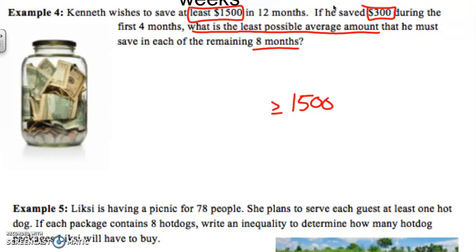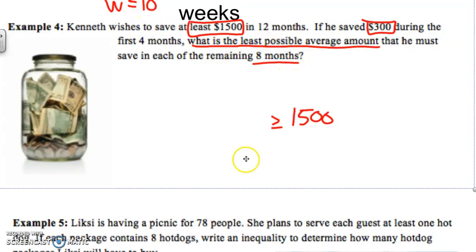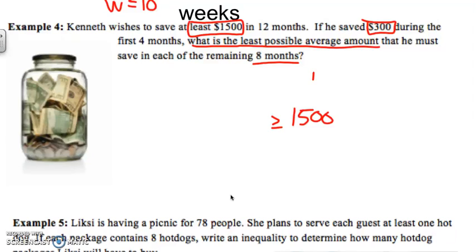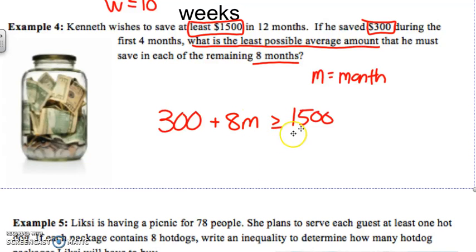So then I know he saved $300 in the first 4 months, but I don't know how much he's going to save each other month. So I'm going to say M is going to mean month. So he saved $300. But you still have 8 more months. So 8M. So that 300 plus the 8 months should be greater than or equal to what he wants to save.